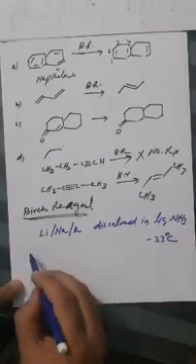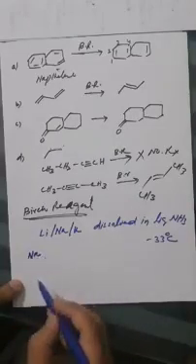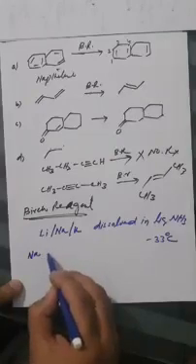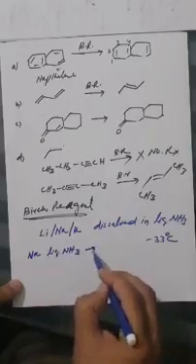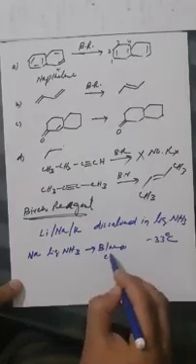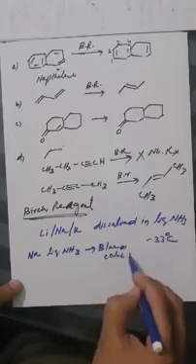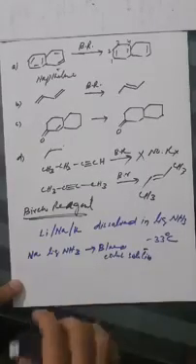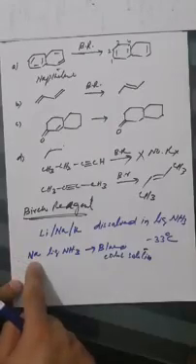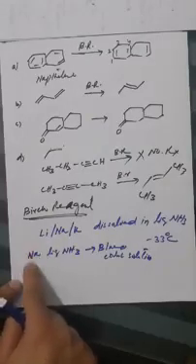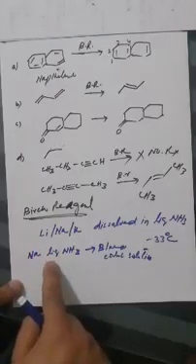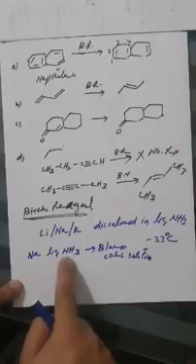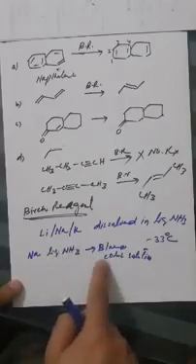So what happens when sodium is dissolved into liquid ammonia? You get a blue color solution. You know, sodium has very low ionization energy, so it loses its outer electron and that electron becomes solvated in the network of ammonia molecules.